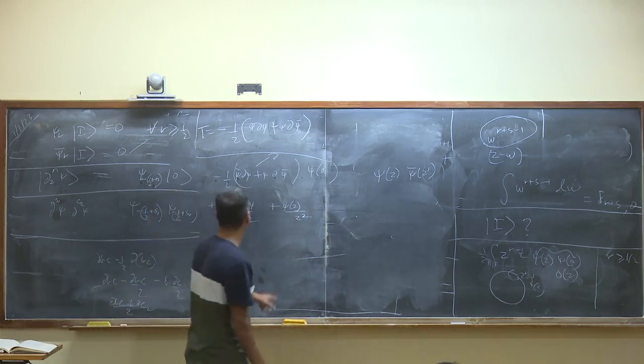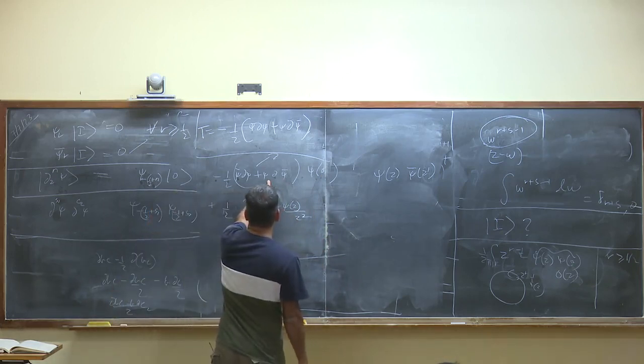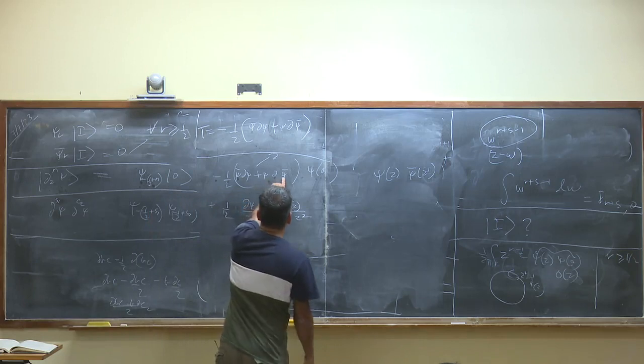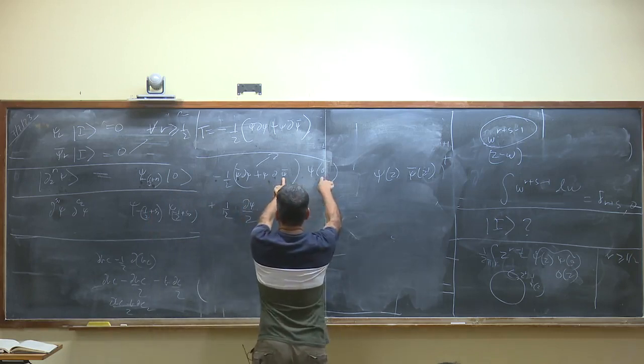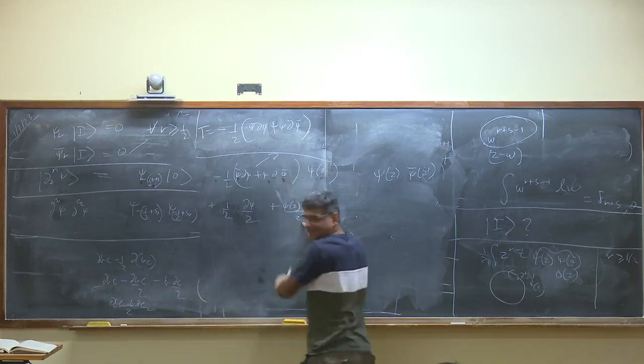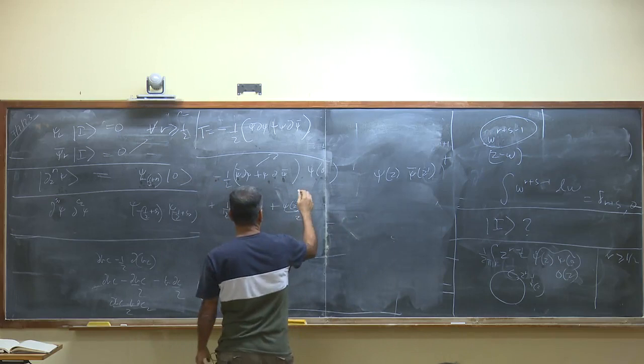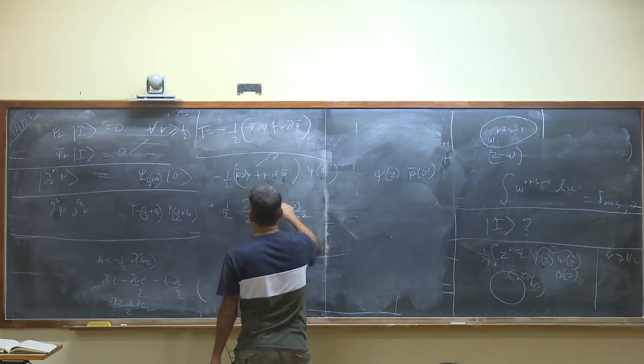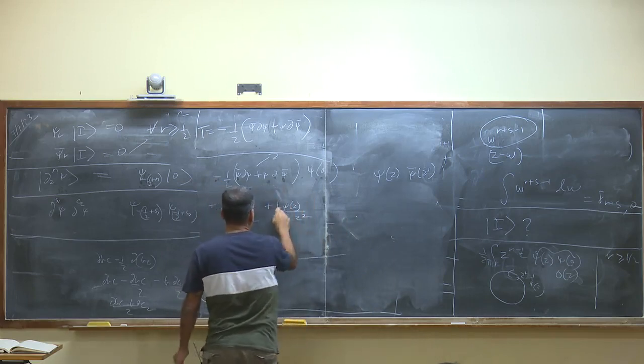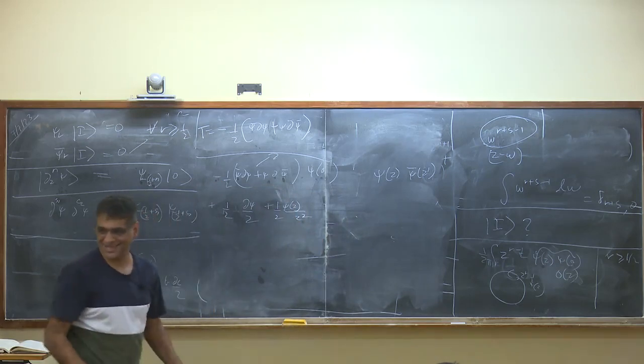Okay? And this guy gives us psi bar with psi, which gives us 1 by z. Minus sign when we take the derivative cancels the minus sign of this. But there was a half. Half here. Okay, finally it's working.